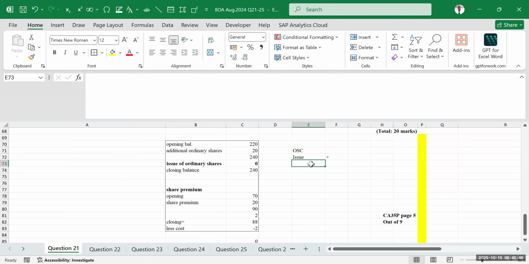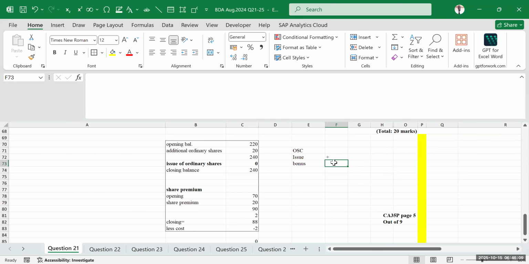Then, whenever there is a bonus issue, bonus shares are issued to the existing shareholders. For example, when the company makes extraordinary profits and they want to appreciate the shareholders or the owners, they issue bonus shares. These bonus shares that are given free of charge to the existing shareholders will increase the ordinary share capital base.